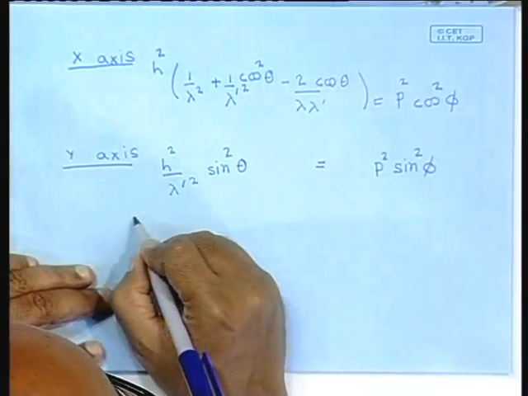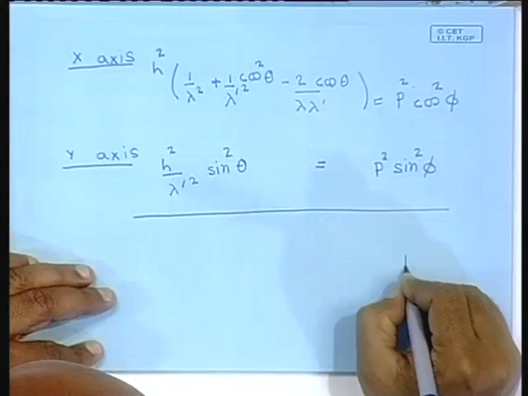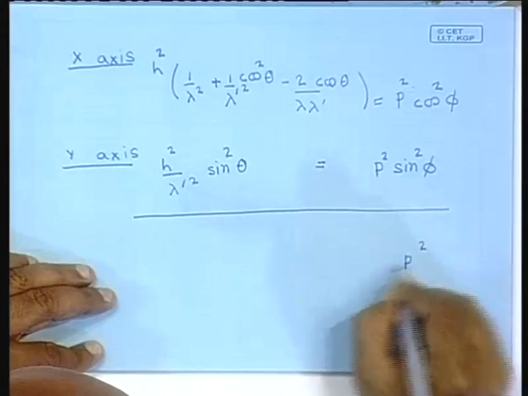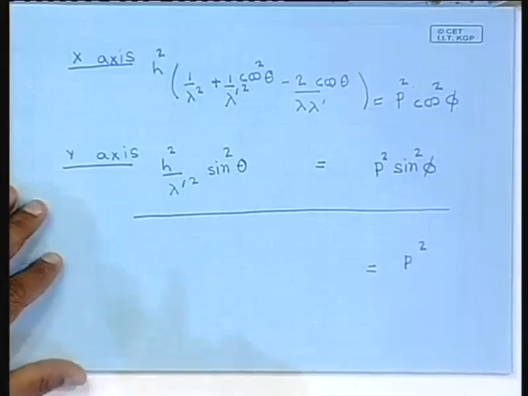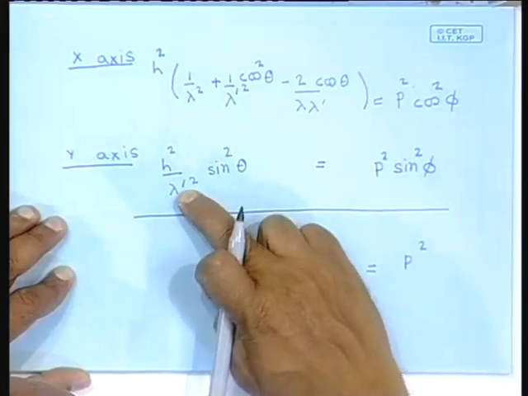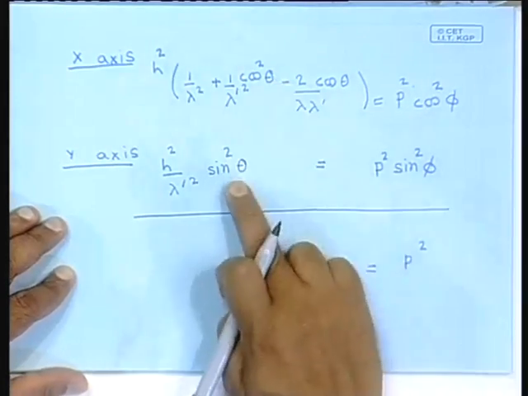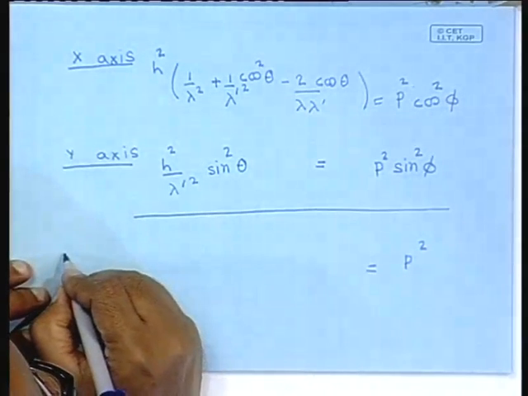So, now I add both these expressions, and this will give me p square, and the left hand side is going to be this, these two terms cos square theta and sine square theta are going to add up to give 1.